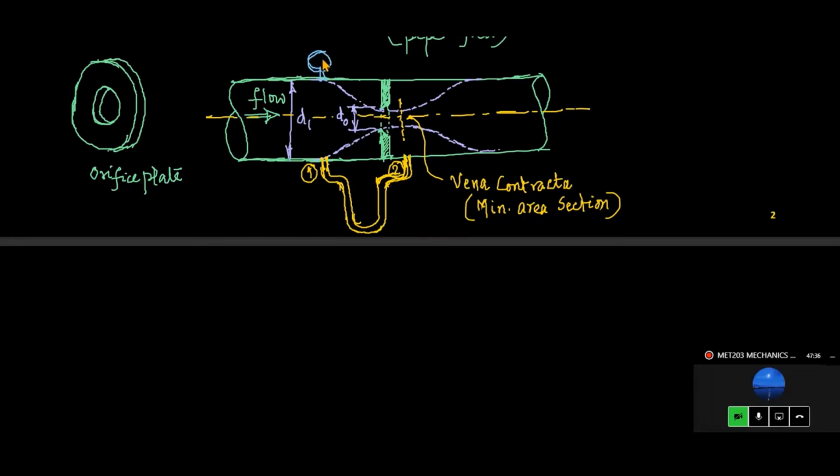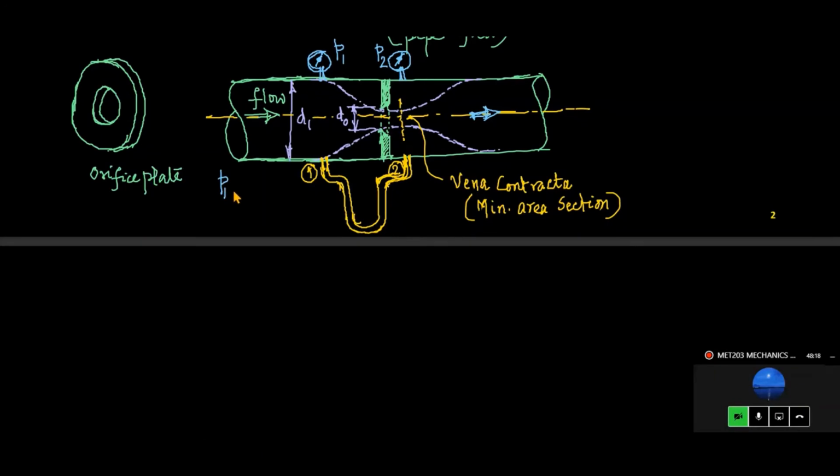Suppose you have a pressure gauge over here, that pressure gauge will indicate P1. And if you fix the pressure gauge after this, where the vena contracta is, the streamlines converge to minimum area. This is a Bourdon tube pressure gauge, let us say a mechanical pressure gauge. So P1 and P2 you will get, and as the fluid is flowing through this, there is automatically a convergent divergent effect because it passes through the orifice, and the manometer will show a pressure drop.